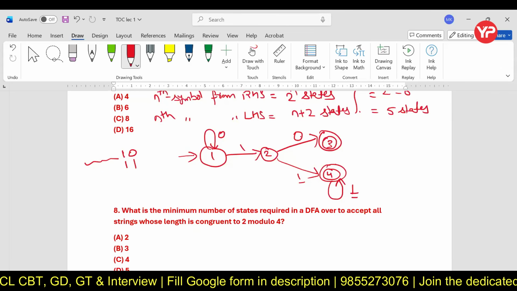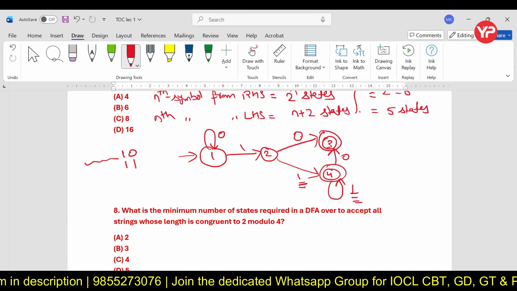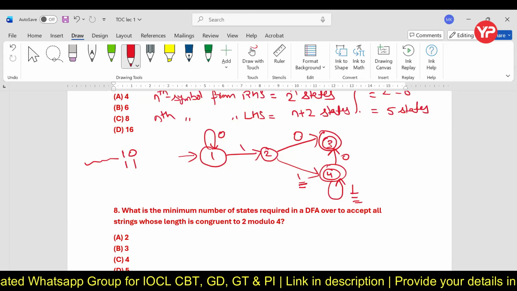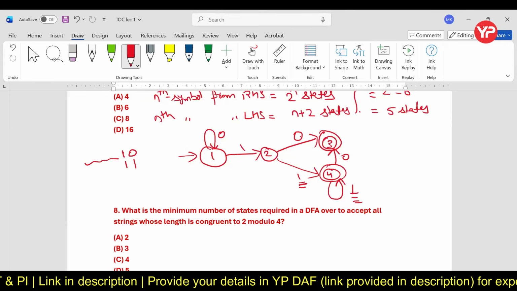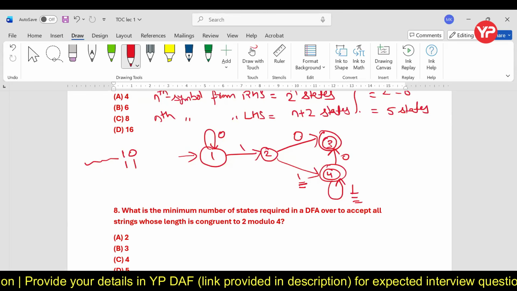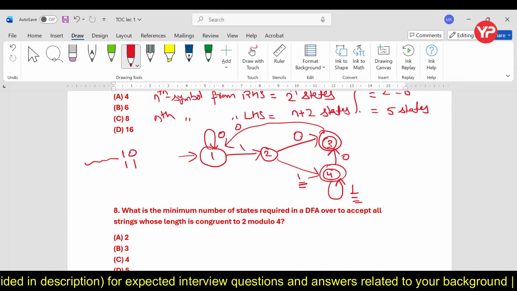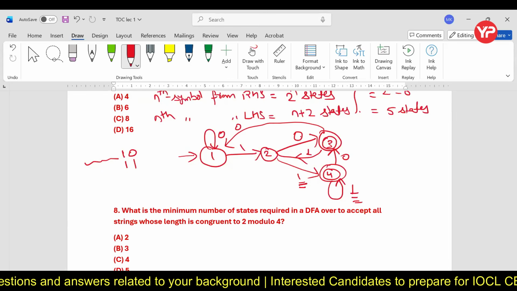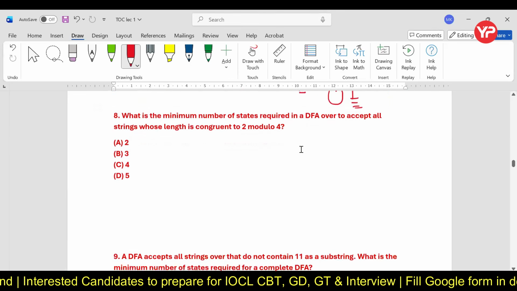But if a 0 came, then now this one or this one again is the second symbol from RHS. So state 1 is complete, state 2 is complete, state 4 is complete. Let's talk about state 3. In state 3, if 0 came, then again we have to start from the initial state. But if 1 came, then just start from here. That is the main point, my dear students. In this way, we require 4 states.